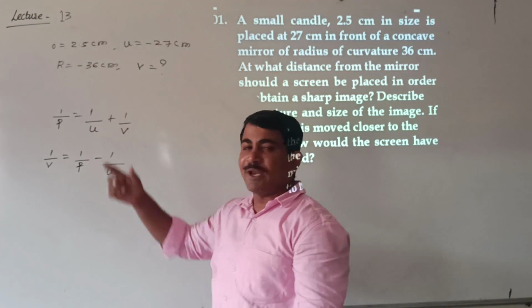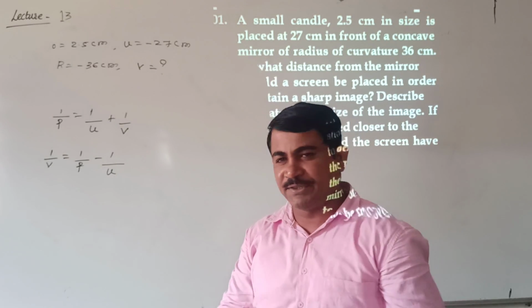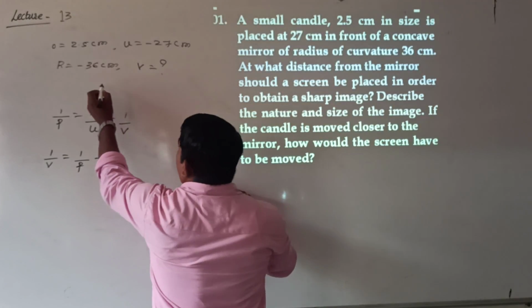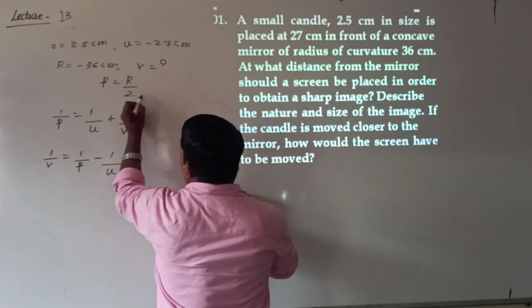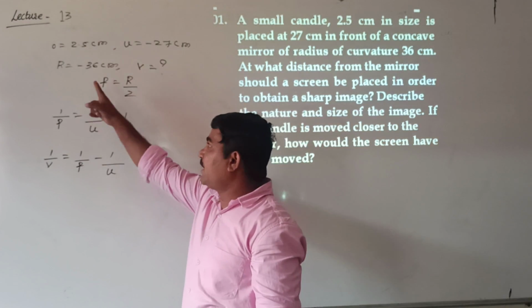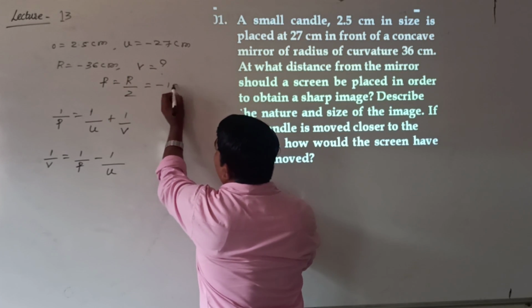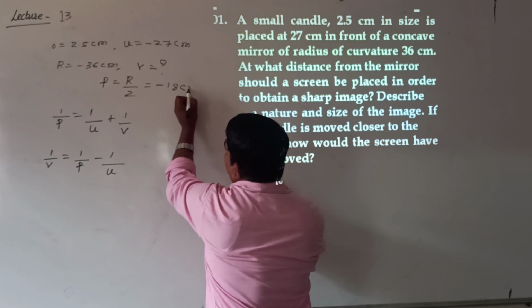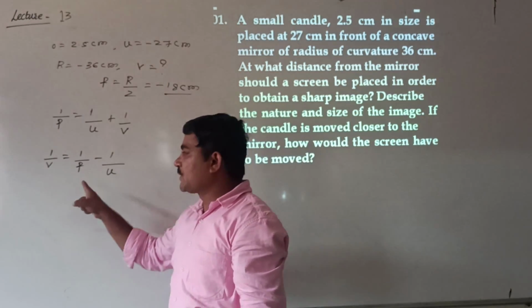R value is given. We know the relation between radius of curvature and focal length: F is equal to R divided by 2. R is minus 36, so minus 36 by 2. Then F is equal to minus 18 centimeter.